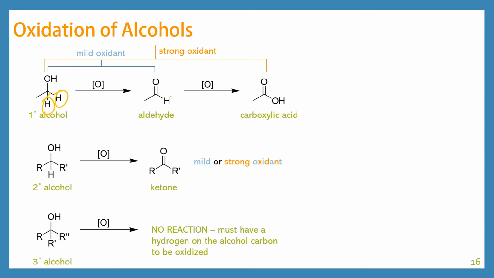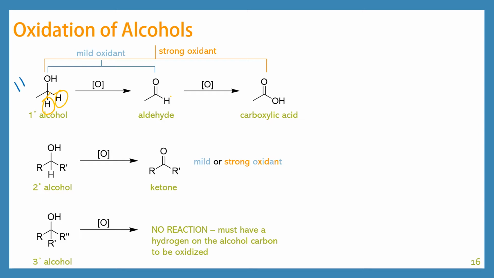The other thing that I want to point out here is that however many hydrogens you have indicates the number of new bonds to oxygen that you can create. The primary alcohol has 2 hydrogens on it, and we are ultimately able to create 2 more bonds to oxygen by using a strong oxidant. Remember that the alternate definition of oxidation includes increasing bonds to oxygen.